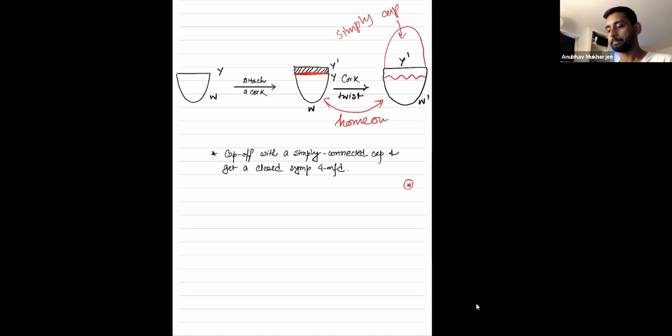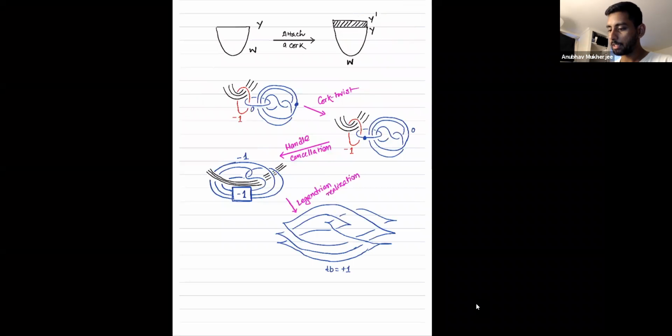Yes, but in this particular picture, this is locally flat, because if I go back to the Kirby picture, the only problem is this 2-handle going past the 1-handle, and this has a locally flat representation.